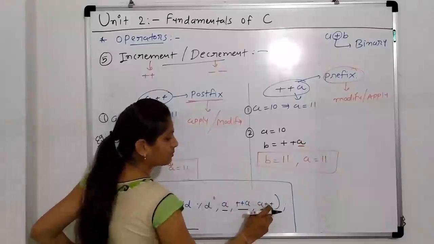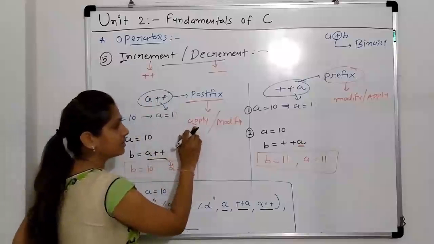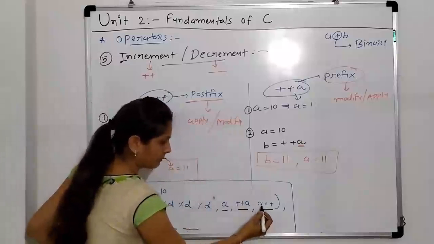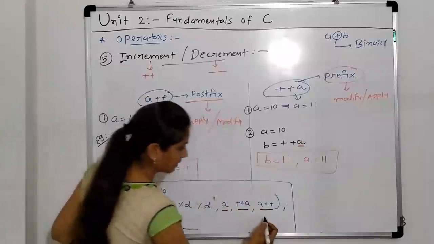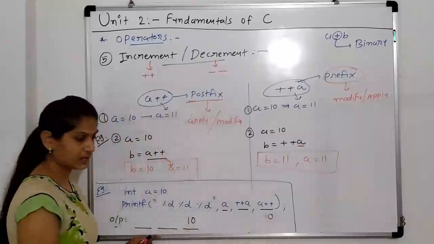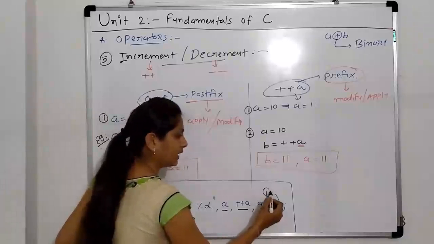So A plus plus, that is this, is postfix. So apply the value and then modify. Apply means here you apply A, and A has the value 10. So our output is 10. That is displayed. Clear? Now modify, so now A becomes 11.